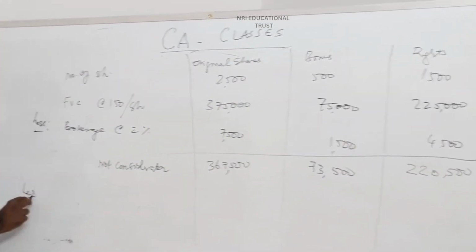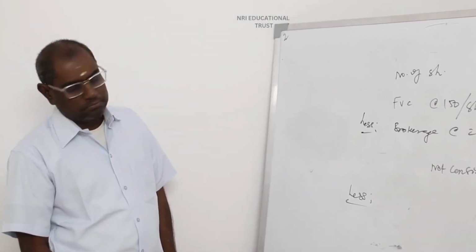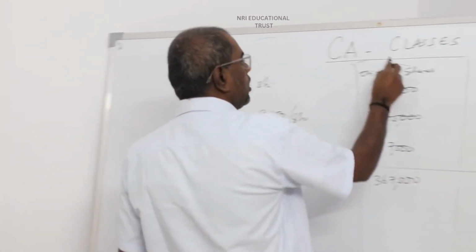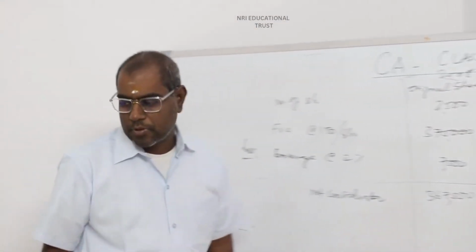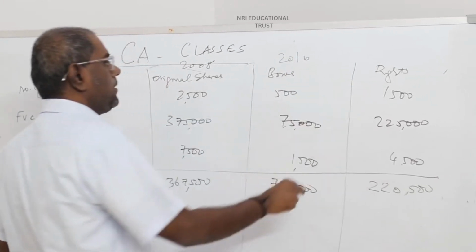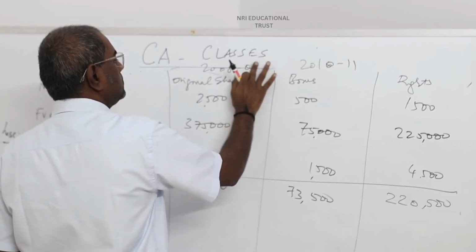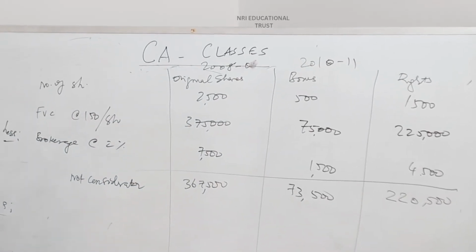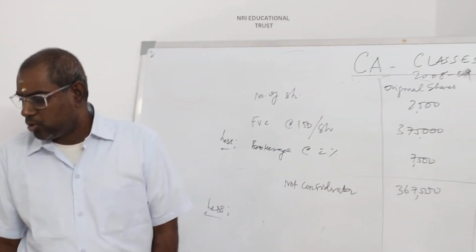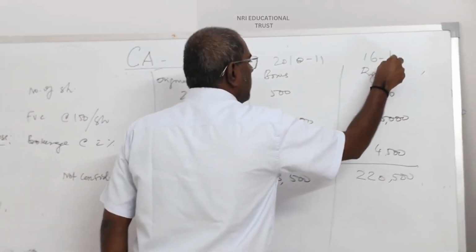Now, all of it looks like long-term capital gain, because the original shares were purchased in 2008 and the bonus shares were acquired in 2010, and the rights shares in 2016-17.